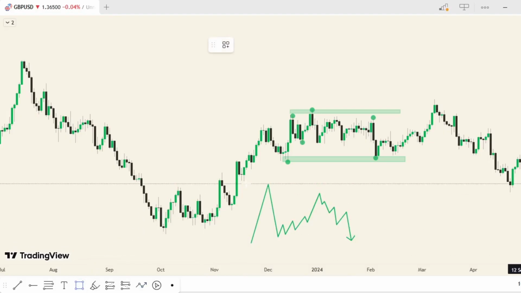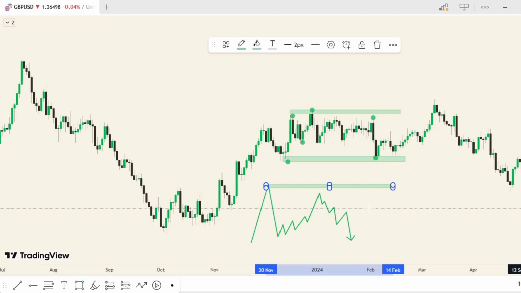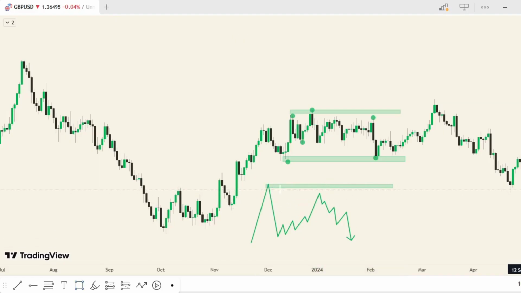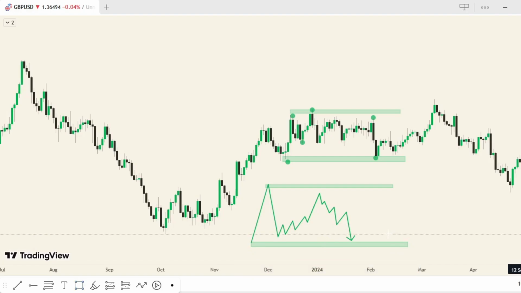So when you are trading in this environment, what you want to do is sell at the high and then buy at the low, which in most cases you see the market bouncing from this back to this. But then how do you trade this particular structure?